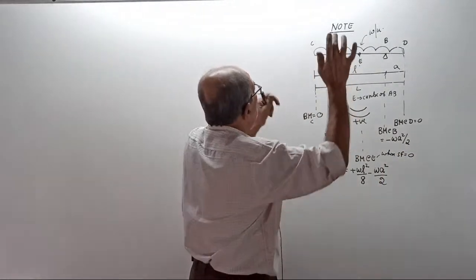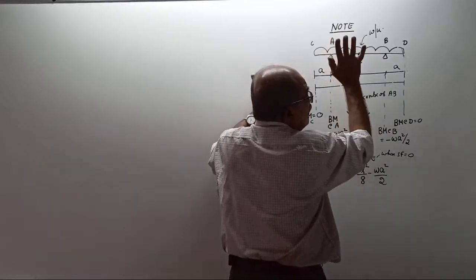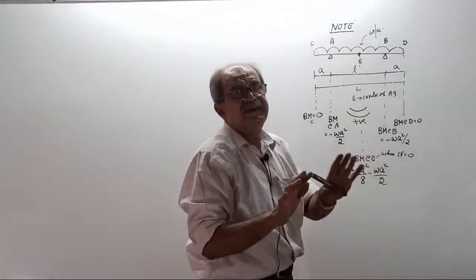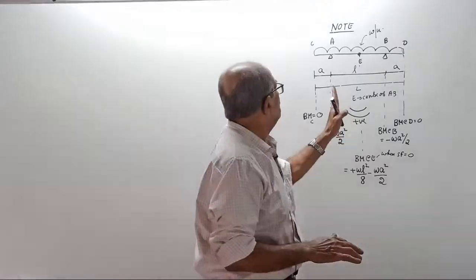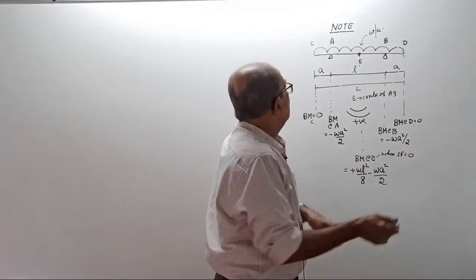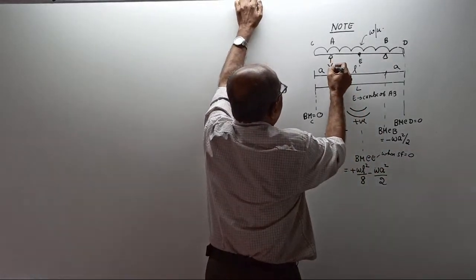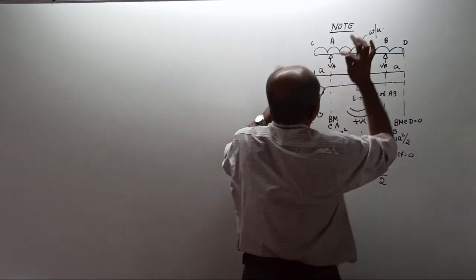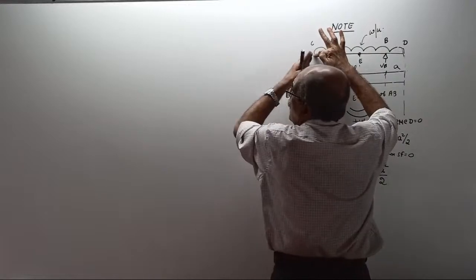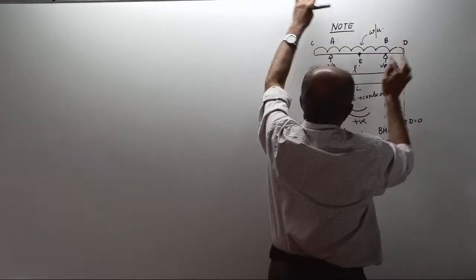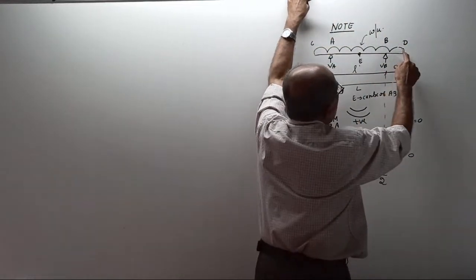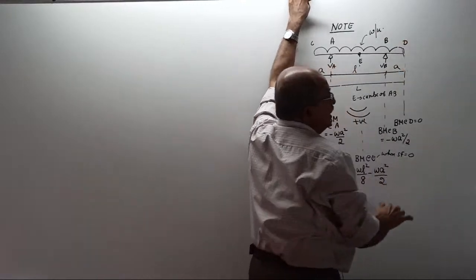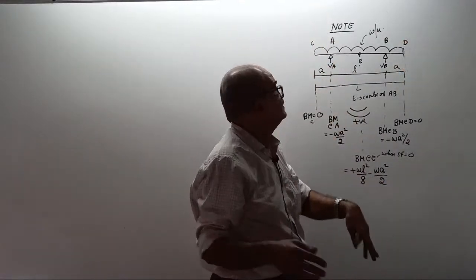Now, bending moments and reactions are not required for me now. I am not writing the reactions, because you know them: there is a reaction VA here and a reaction VB here. Bending moment at C, looking this side, is 0. Bending moment at D, looking that side, is 0. Sagging or hogging does not matter.